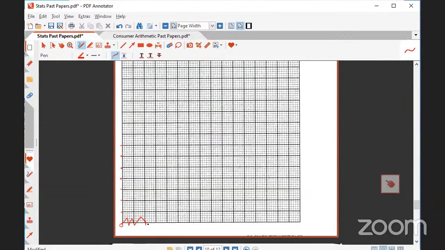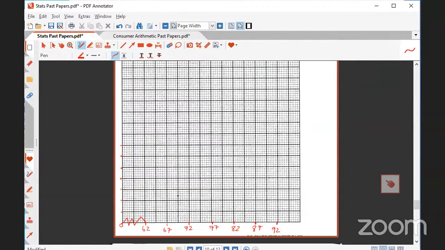We're going to jump some, and the first one is the first midpoint, which was 62, and then 67, 72, 77, 82, 87.